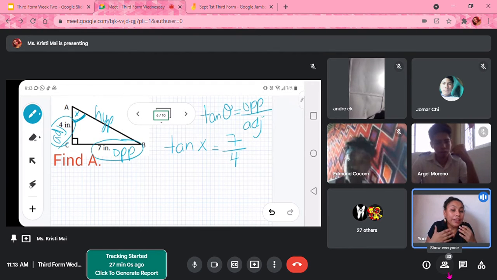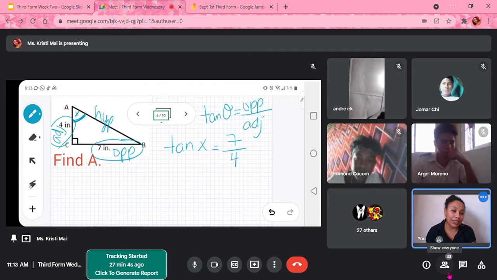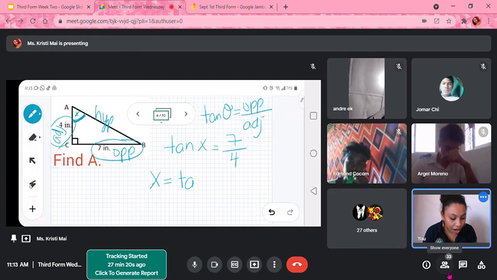Now I need to leave x by itself. I need to get rid of that tangent that is in front of the x. How do I do that? This is where the arc trig ratios come into play. I want x by itself, so I'm going to write arc tan of this fraction.